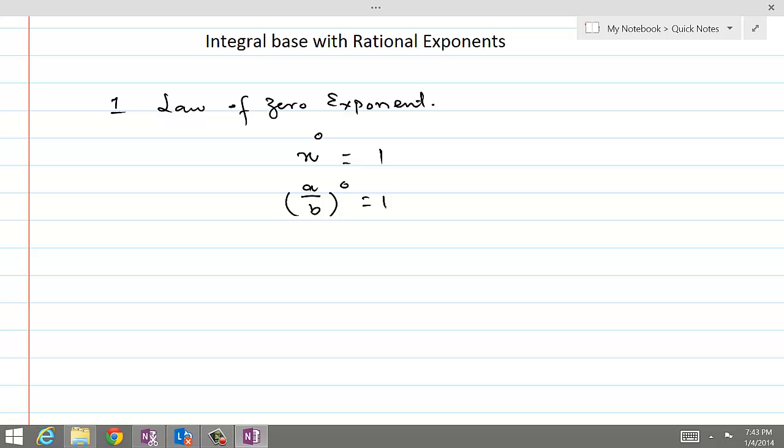And number 2, this is called the law of negative exponents.